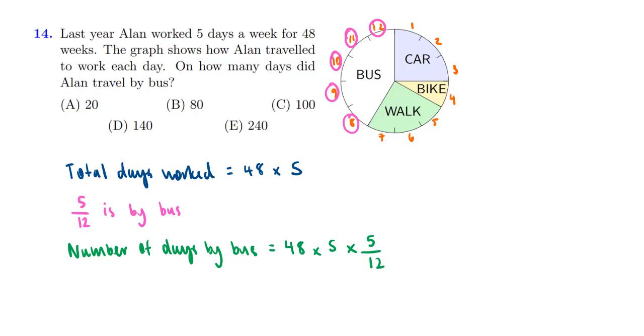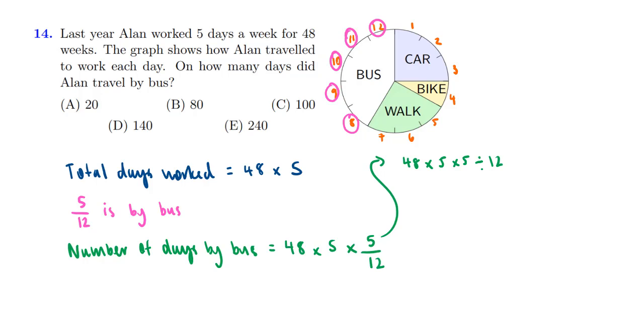But again, this doesn't look very easy right now. So is there a way to make that easier? There is. What we can do is rewrite this as, first of all, 48 times 5 times 5, and then divided by 12, so that we don't have a fraction, because when we have 5 over 12, that means 5 divided by 12.